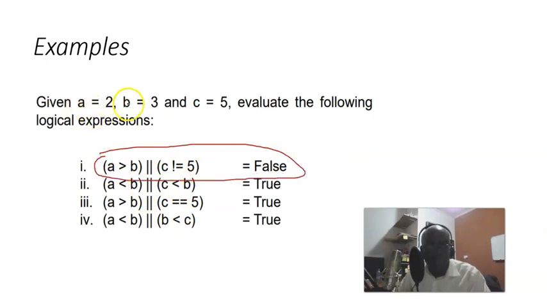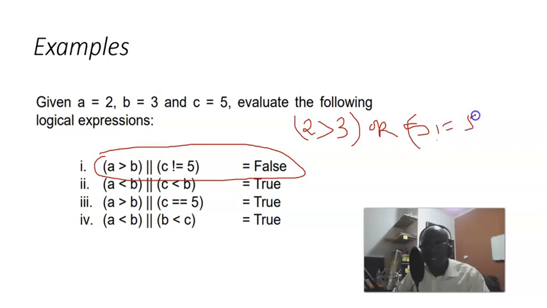So if A equals 2, B equals 3, C equals 5, let's replace these variables. A is 2, so we're going to have 2 greater than 3. That's what we have there. Or C, which is 5, not equals 5.